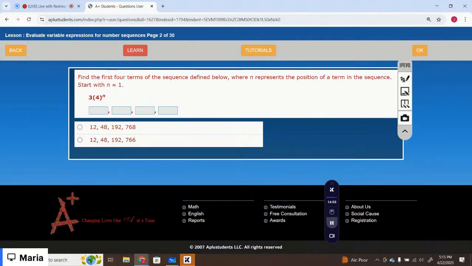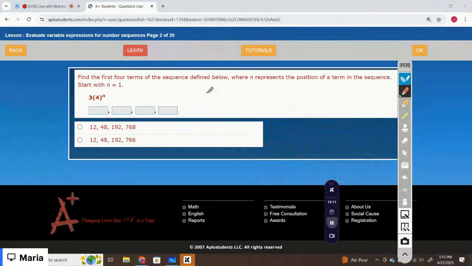Find the first four terms in a sequence defined below, where n represents the position of a term in the sequence, where n starts at 1. 3 times 4 exponent n.